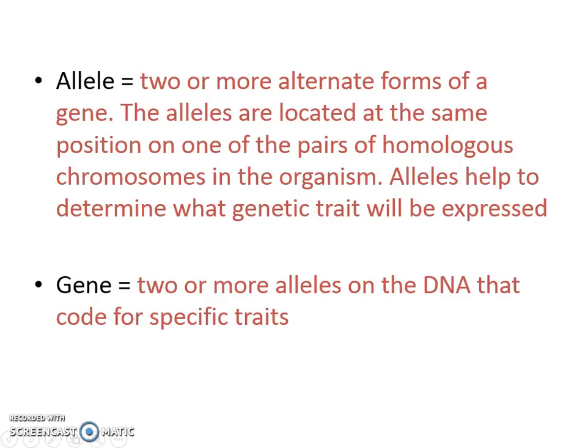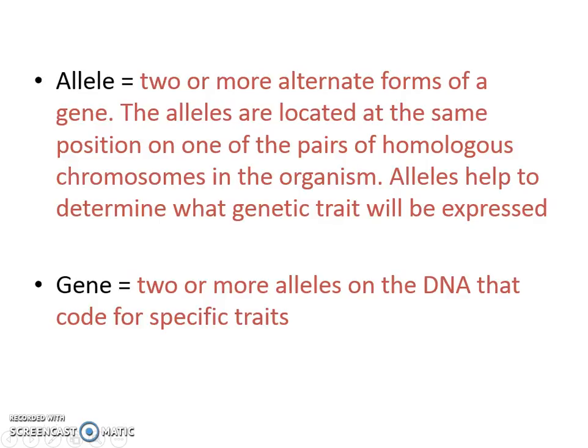An allele is 2 or more alternate forms of a gene. The alleles are located on the same position of one of the pairs of chromosomes in the organism, and alleles help determine what genetic trait will be expressed. So a gene is actually a combination of 2 or more alleles.